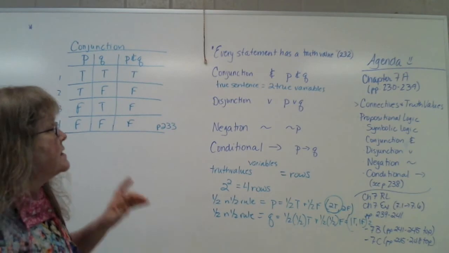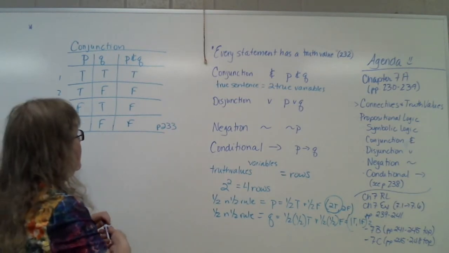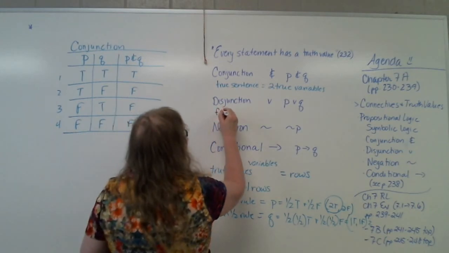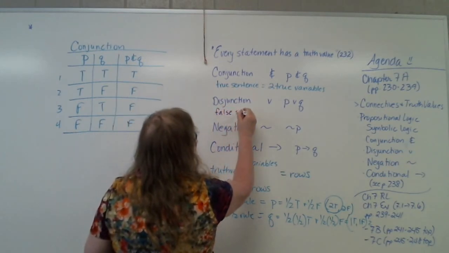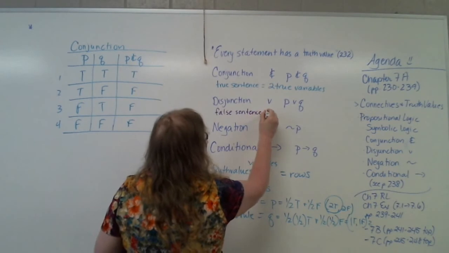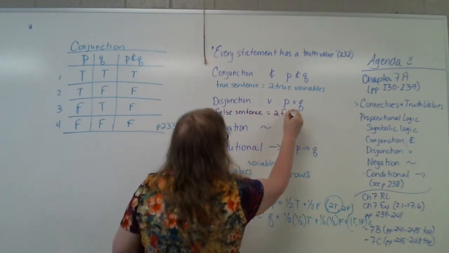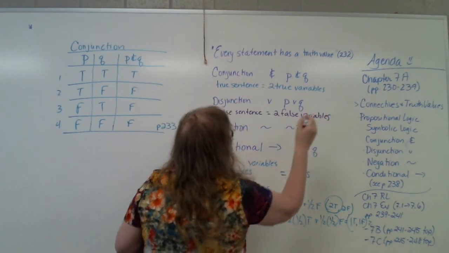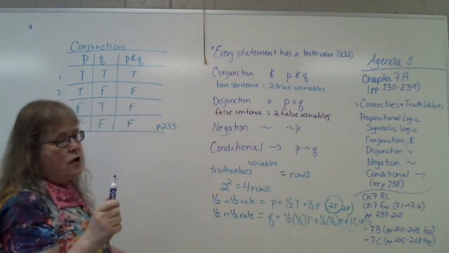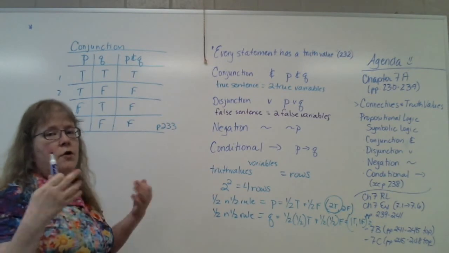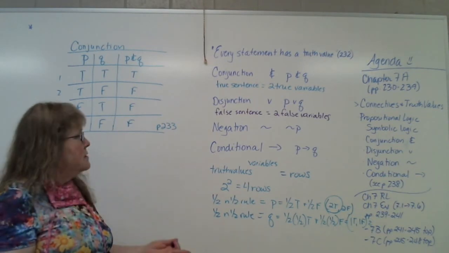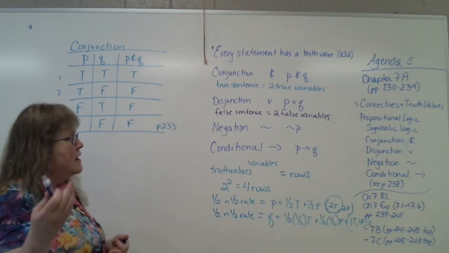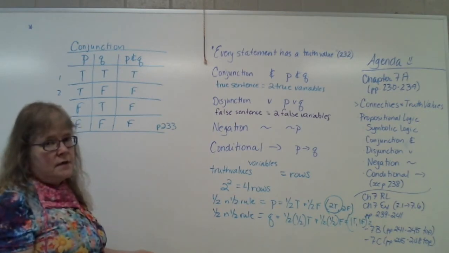The next one is a disjunction. The only false sentence is 2 false variables. So as long as one of the variables is true, you have a true sentence, a true statement. If P is false and Q is false, then you have a false statement.